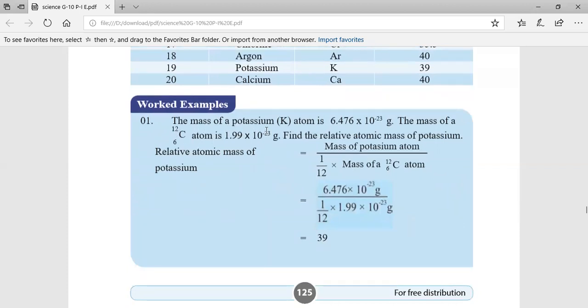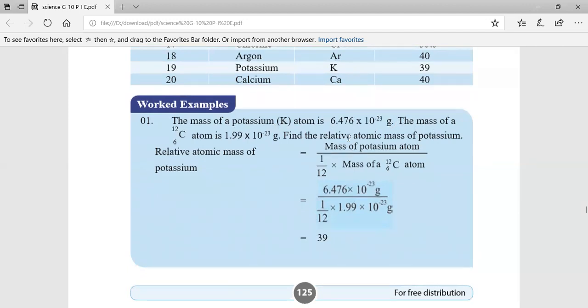Here is an example. The mass of potassium, symbol K. The true mass of potassium is 6.476 × 10^-23 grams.